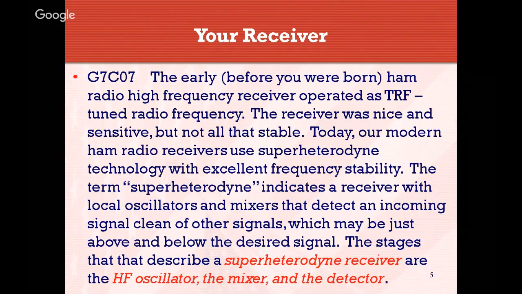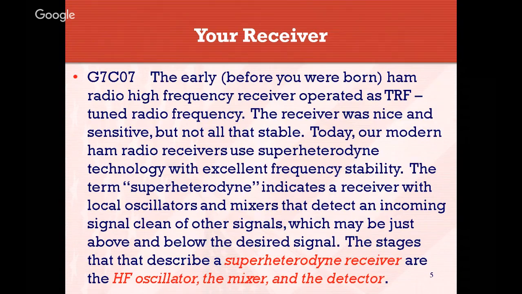Of course, you have to have a little bit of a strong signal to get that. But ham radio high frequency receivers operated as a tuned radio frequency. The receiver was nice and sensitive, but it wasn't all that stable. So the modern ham radio receivers today use what's called super heterodyne technology, which has excellent frequency stability.